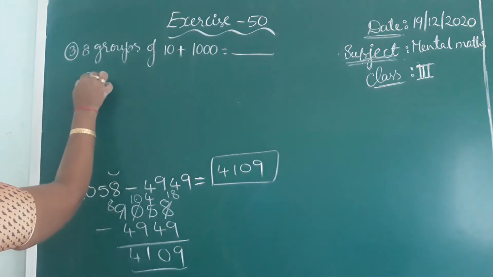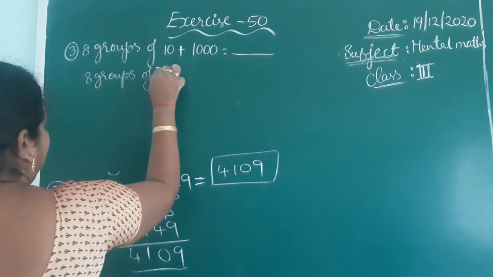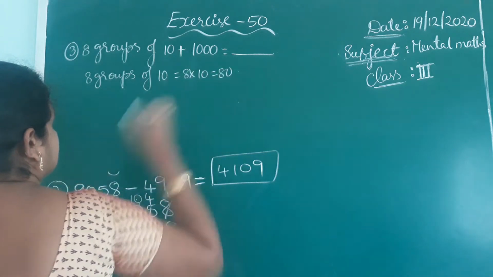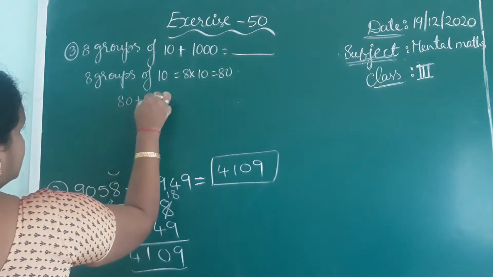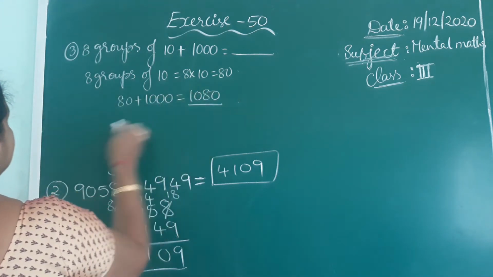What is 8 groups of 10? 8 groups of 10 means 80. And they are asking us to add this 80 to 1000. 80 plus 1000 is nothing but 1080.